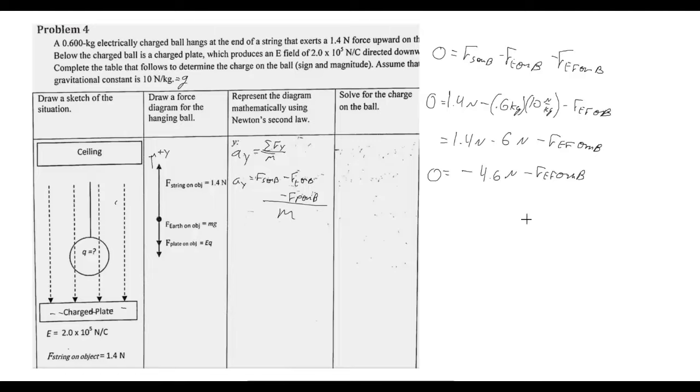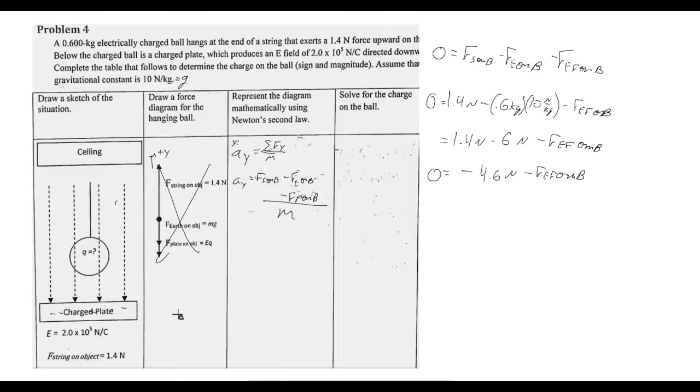For this to be 0, force E field actually has to be positive, which means that this force diagram is wrong, right? Do you see that? For this to add up, we'd have to put a negative number in here, meaning that it's opposite the direction that this is pointing. So this force diagram is actually wrong.